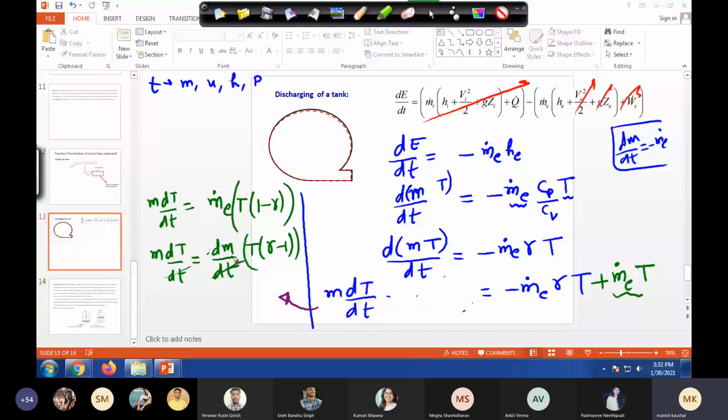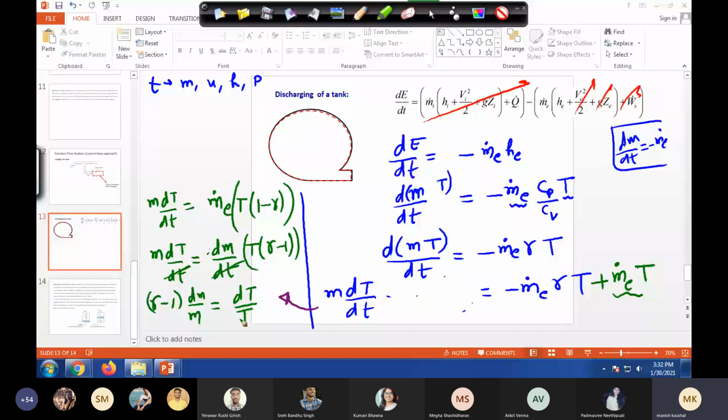So it will be dm by m and dT by T. We should do it here itself so that you can follow. Gamma minus 1 dm by m is equal to dT by T. Perfect. So in the form of a differential equation, life is easier.